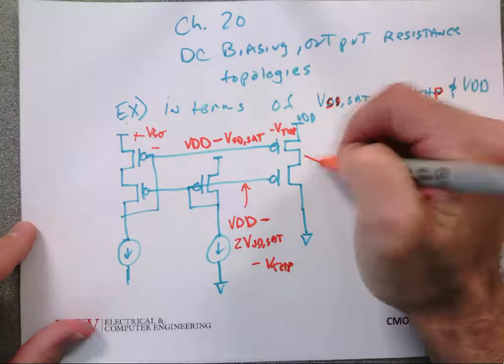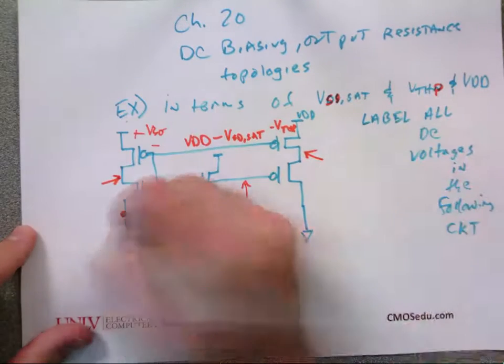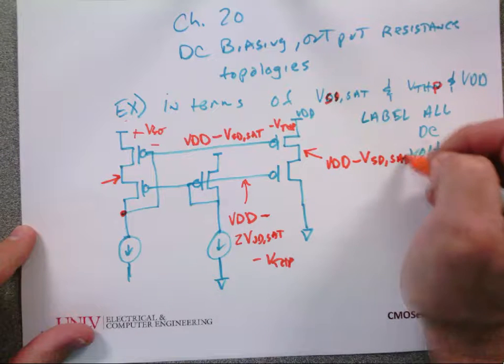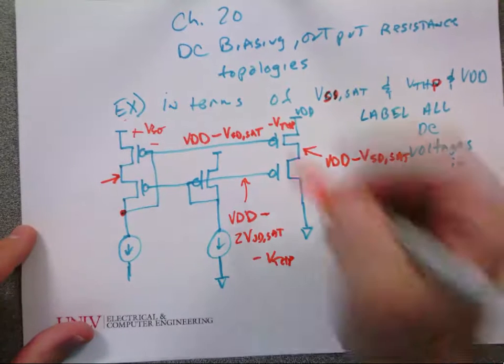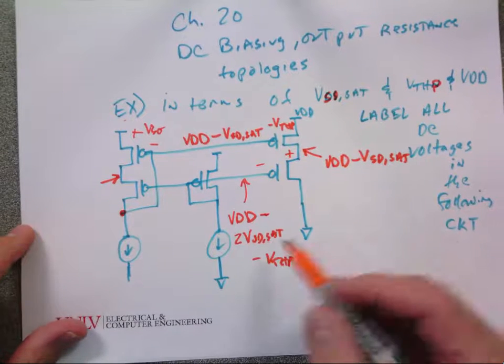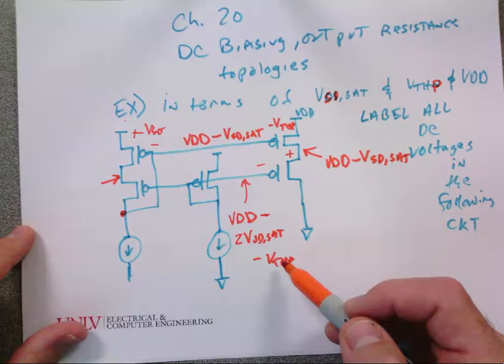So what is this voltage here or this voltage here? Because what's the voltage here? VSG, which is VSD sat plus V threshold P.